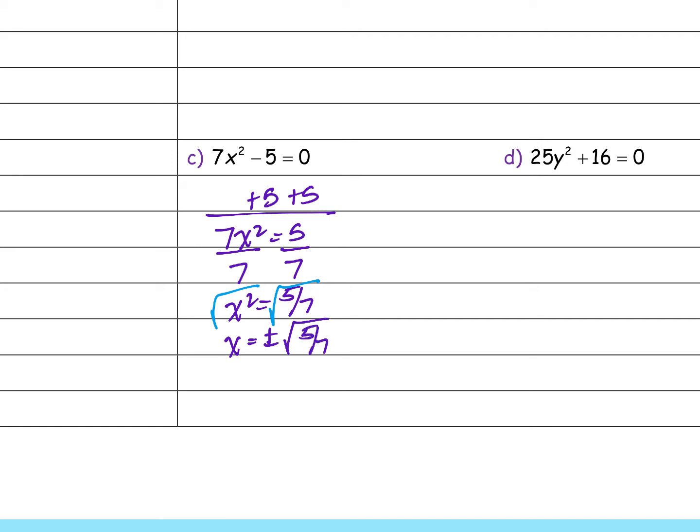Now I'm going to rationalize the denominator because I don't remember in Delta Math if they have questions like this and if they require you to rationalize the denominator or not, right? So I would multiply by the square root of 7 on the top and the bottom, right? So my answer would be plus or minus the square root of 35 over 7. So I don't remember.